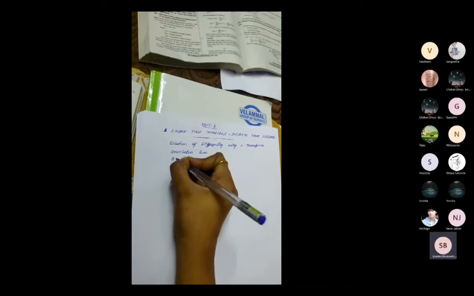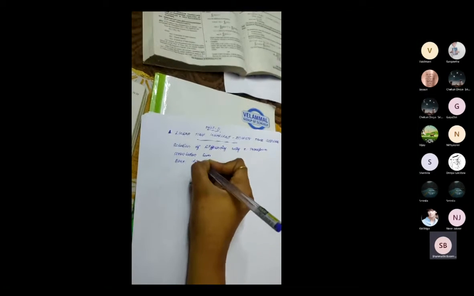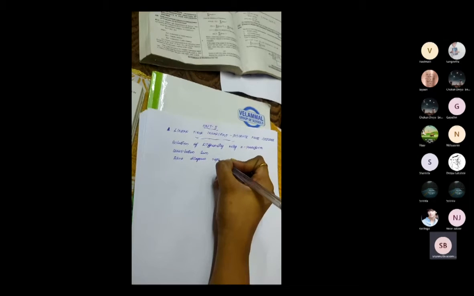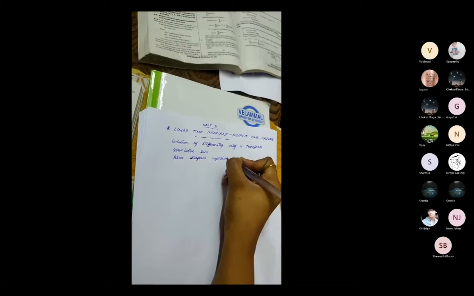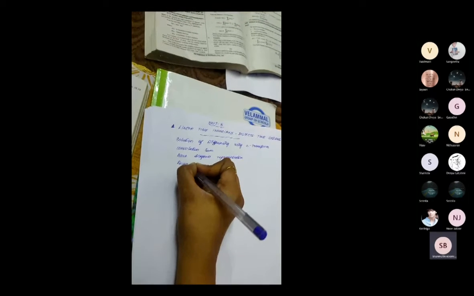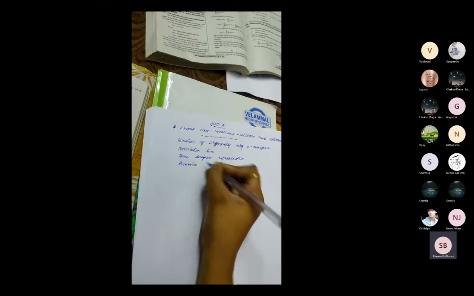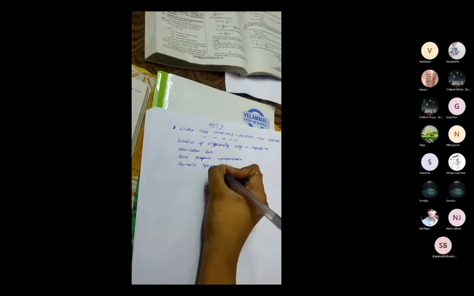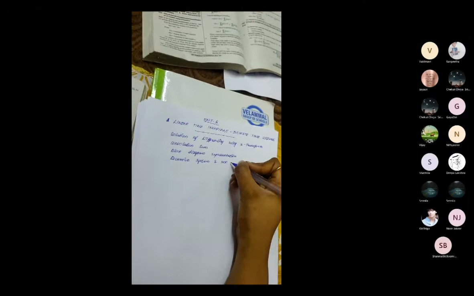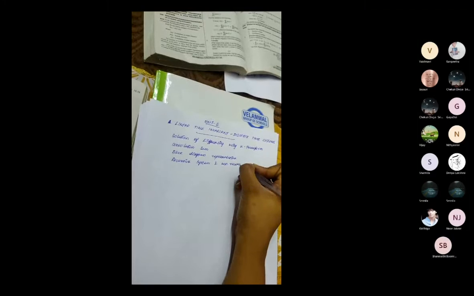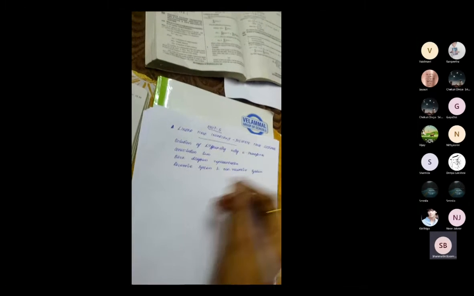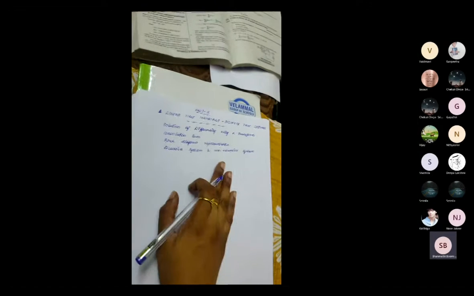And the last topic will be block diagram representation. At last we have recursive systems and non-recursive systems. These are the topics you have to study in the 5th unit.